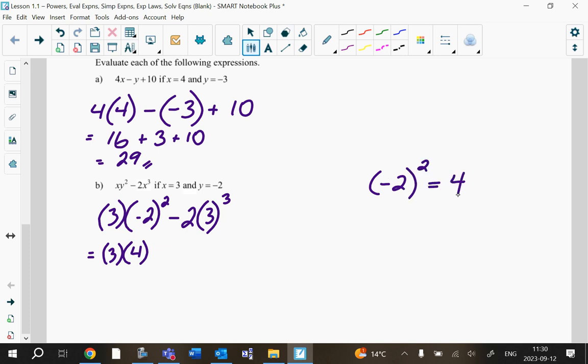This is -4. Okay? Parentheses matter. And then -2 times, well, what's 3 to the third? 27. Now we can do our multiplication and get 12 minus 54 to get a final answer of -42.